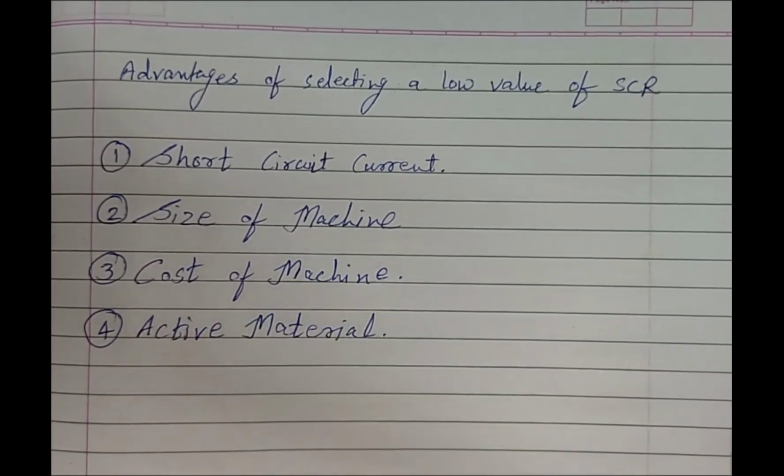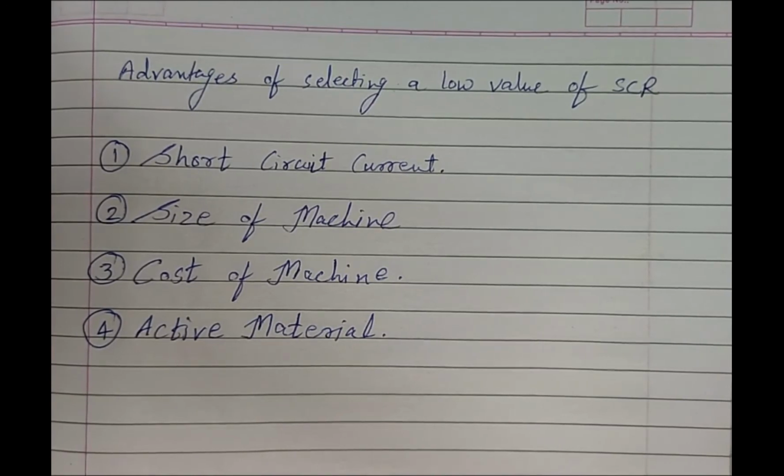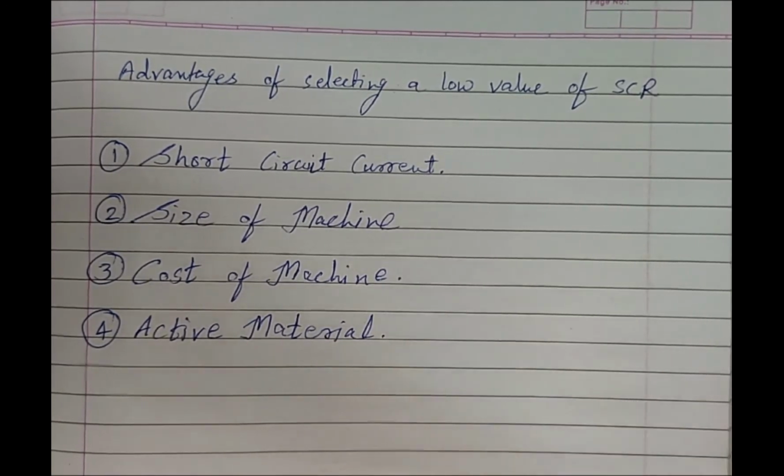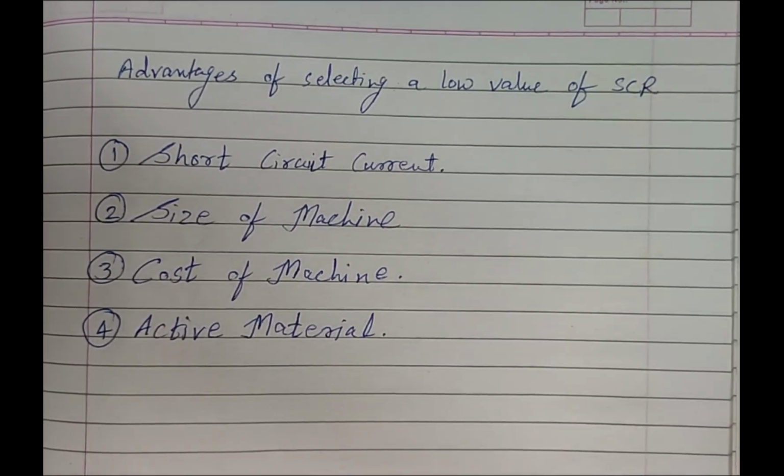If the size of the machine reduces, the active materials, that is the copper and the iron used in the machine, would also reduce, and that would also accumulate to reduce the cost of the machine. So these are some of the major advantages of using a lower value of SCR.